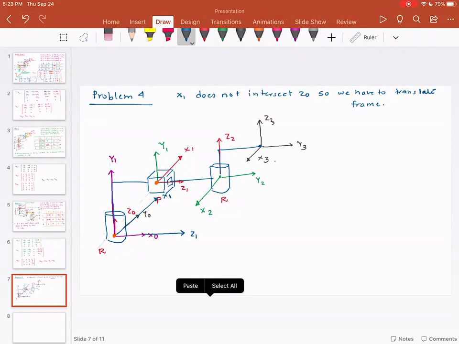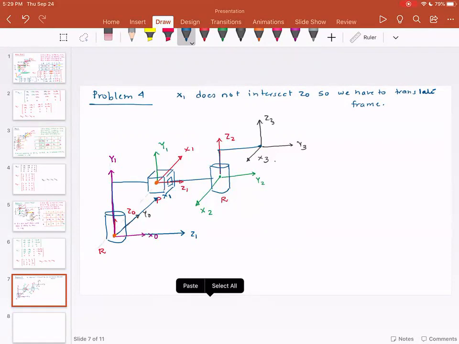If you place X1 going up, then it will violate two conditions. That means X1 will be parallel to Z0 and X1 will not be intersecting with Z0.